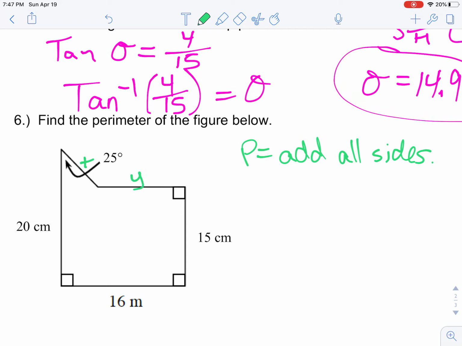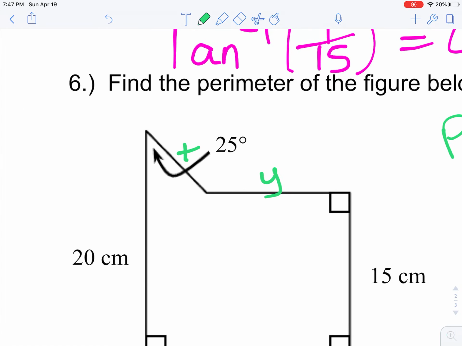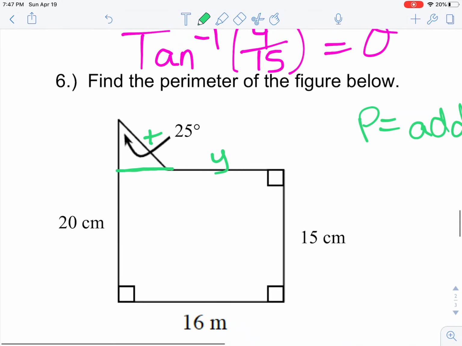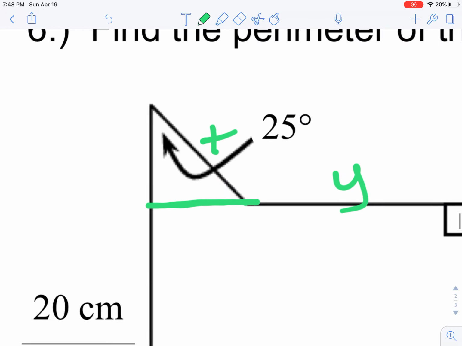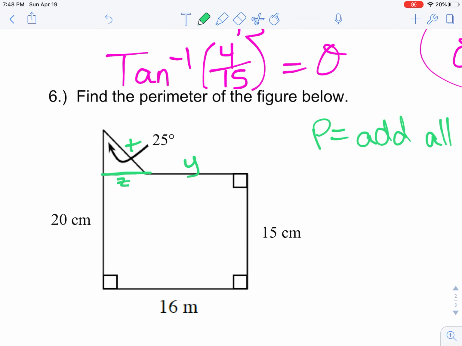So what we can do is create a triangle here to help us figure out the length of x. Actually, and the length of z, because if we can find z, then we can find y. All of this should add up to 16. So if we find z, we can find y, or vice versa.